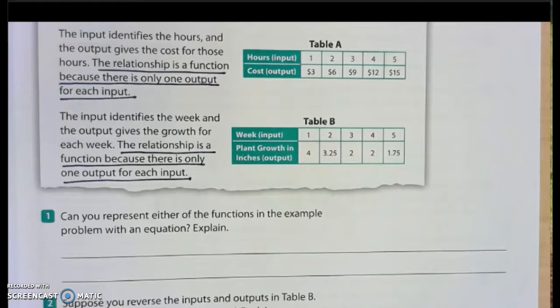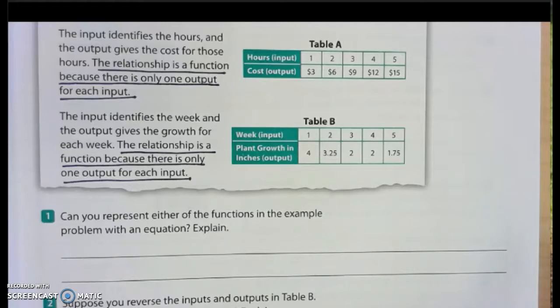Now, if it's a function, if it's going to have an equation, we've already established that they're both functions. If it's going to have an equation, it has to have a pattern, a repeatable, predictable pattern that works every time. So when we look at these tables, you are looking for some form of mathematical pattern based on inputs and outputs.